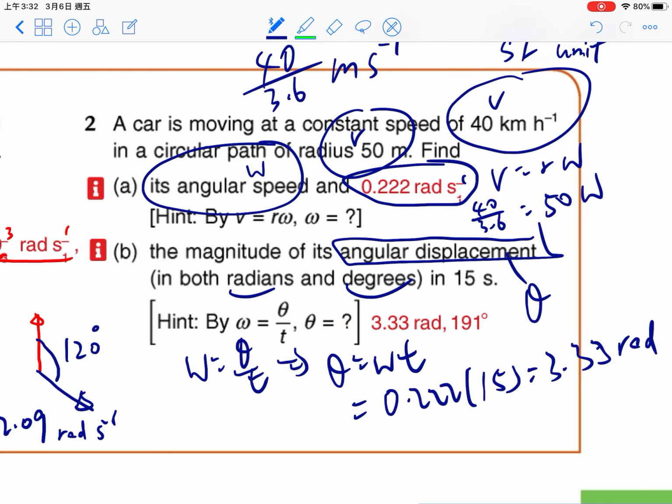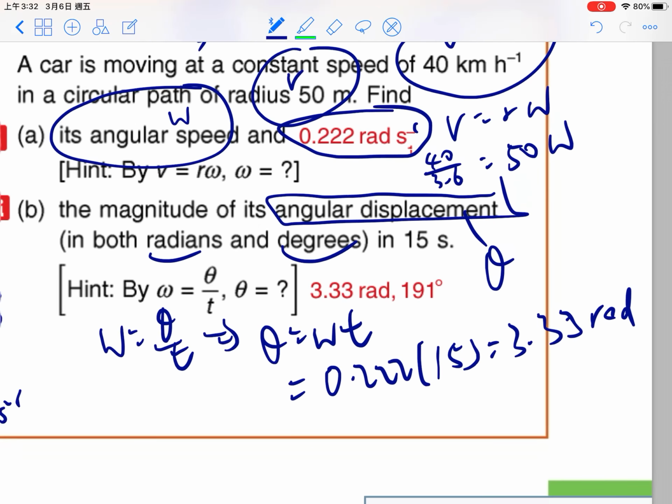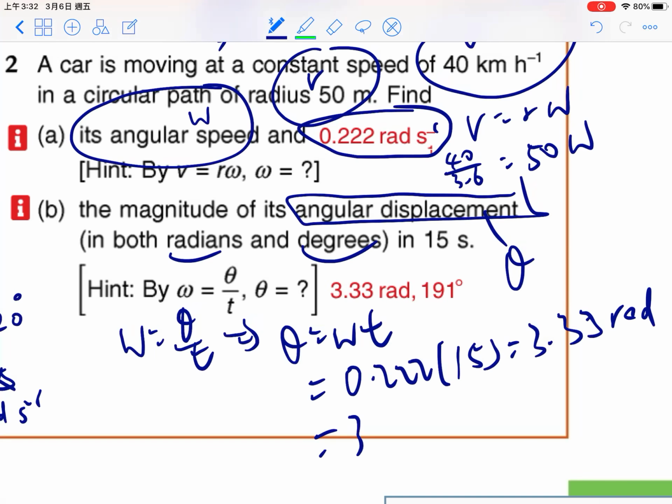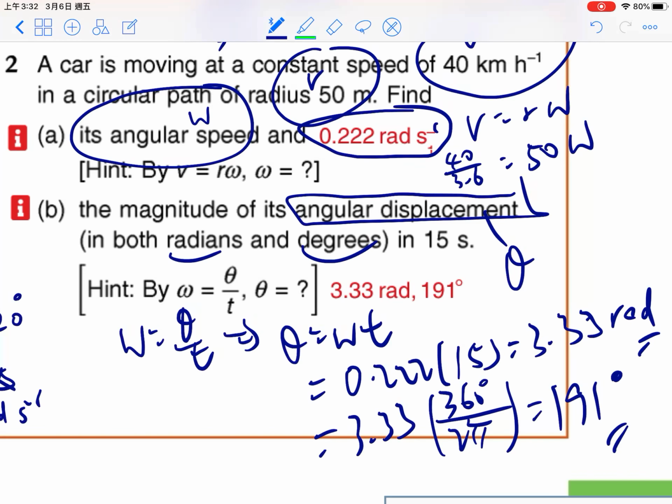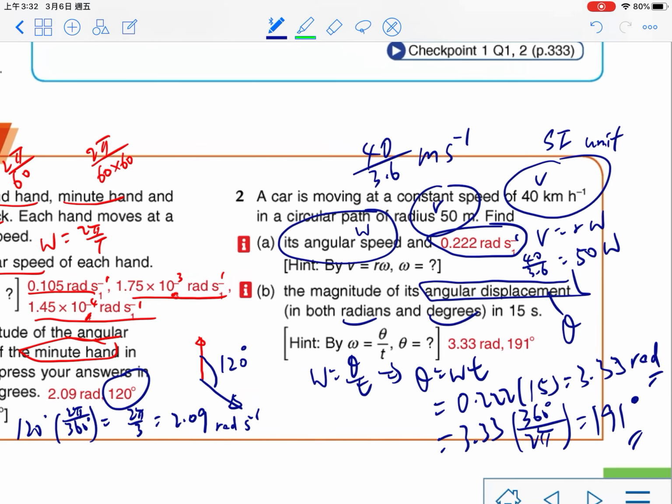And you have to change it to degree. So it will be 3.33 times 360 degree over 2 pi. Okay, that will be 191 degree.